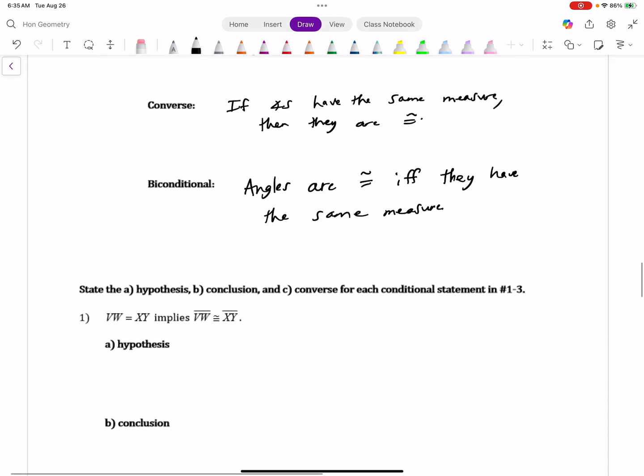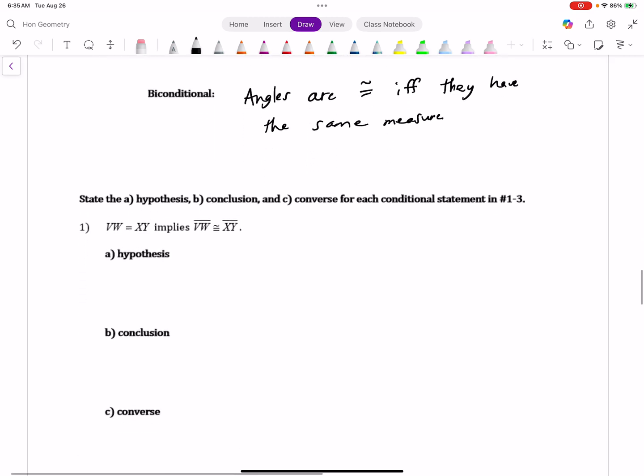Okay, all right, so here's some examples of what you're going to have to do today. So the distance from V to W equals the distance from X to Y implies that the segment VW is congruent to the segment XY. So basically what that's saying is if VW equals XY, then VW is congruent to XY.